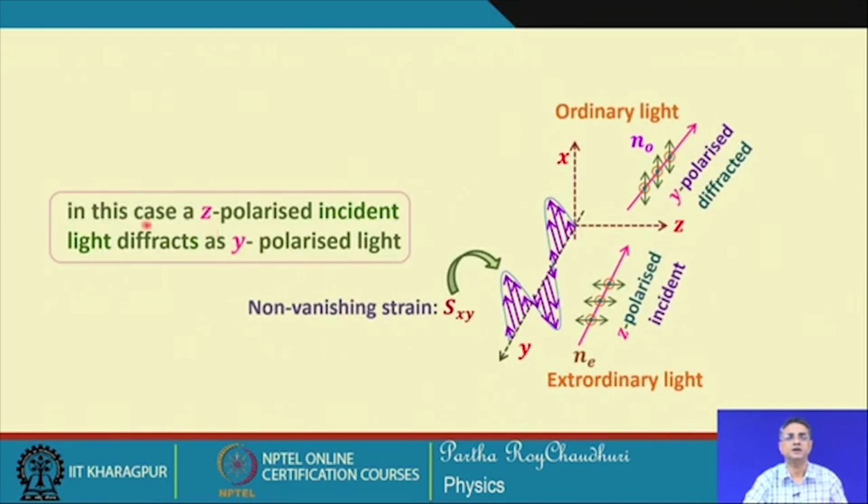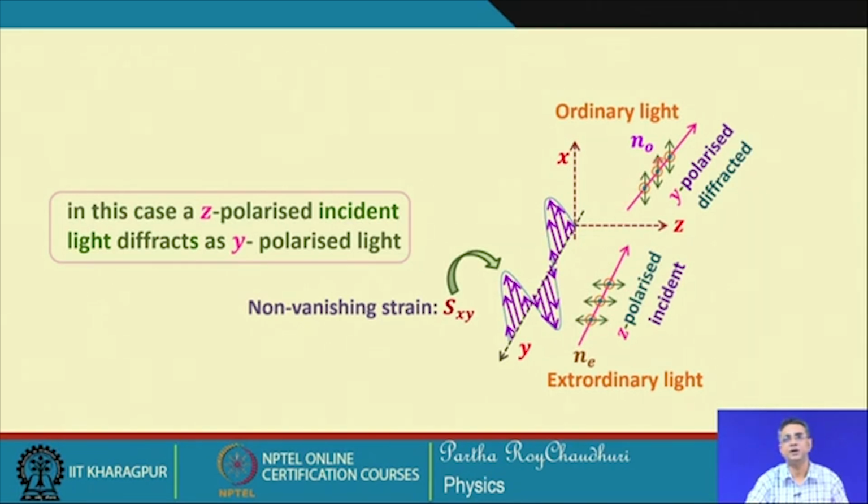So, look at this, in this case z polarized incident light diffracts as x polarized light. So, you have the acoustic wave which is travelling in this y direction and the extraordinary light which is incident here, that is E wave, which is polarized along this z direction.